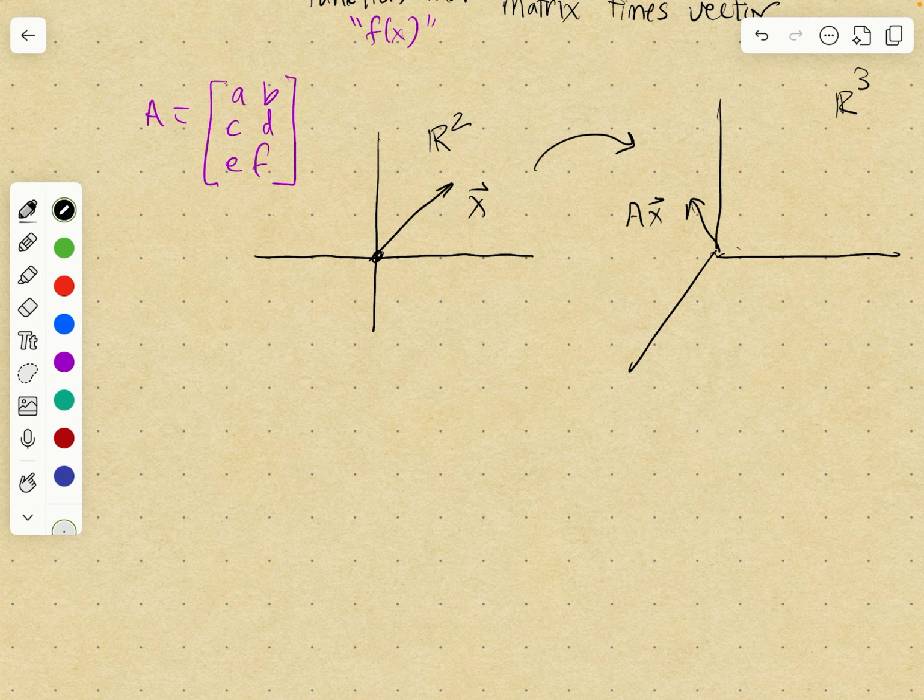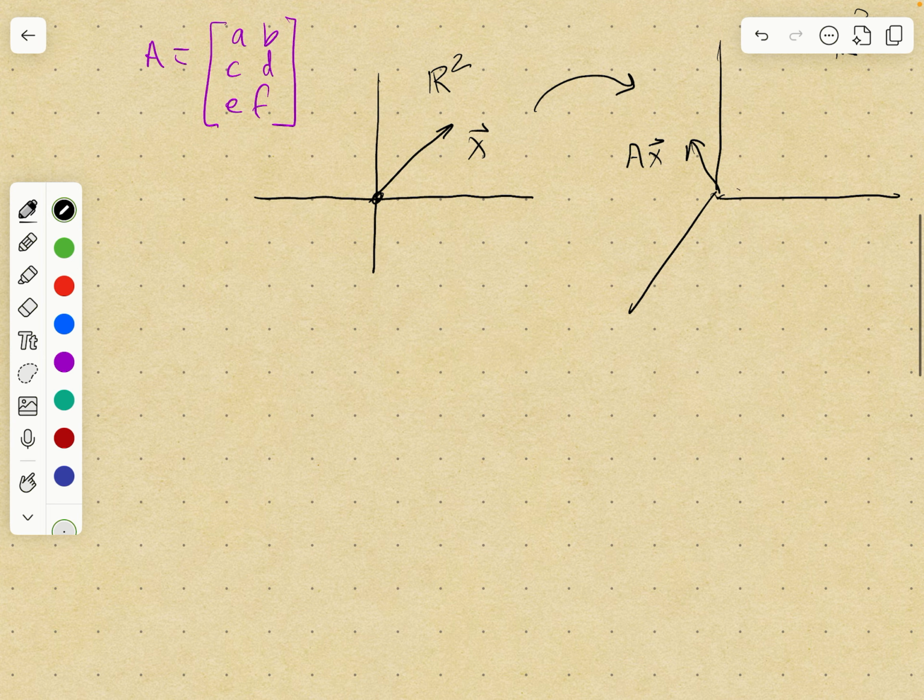So now I have this function that sends x to Ax. But this function isn't just any function. It actually satisfies an important property.